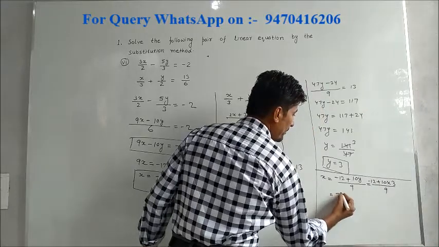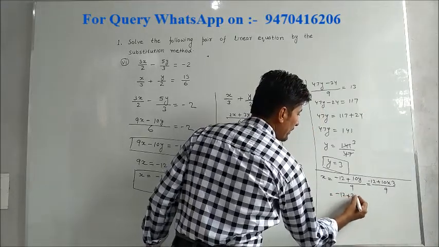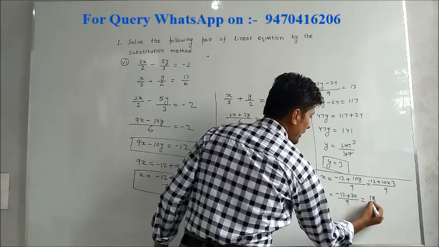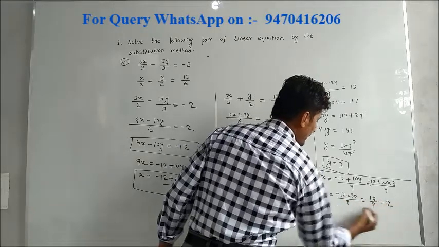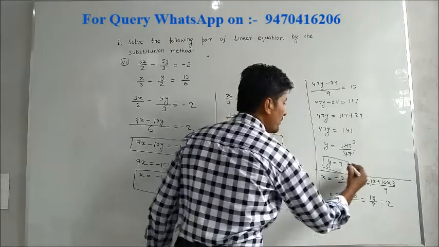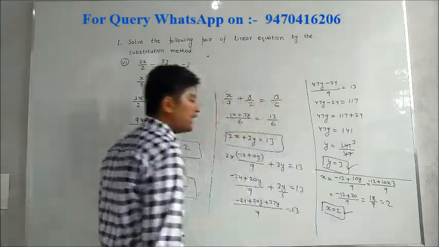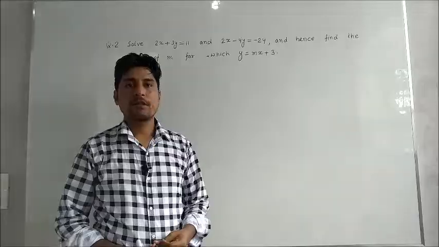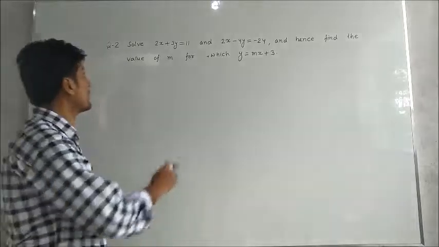So we can write (minus 12 plus 30) upon 9, that is 18 upon 9, or we can say 2. So the value of x equals 2. Now we got both the values, y equals 3 and x equals 2. That is the solution.